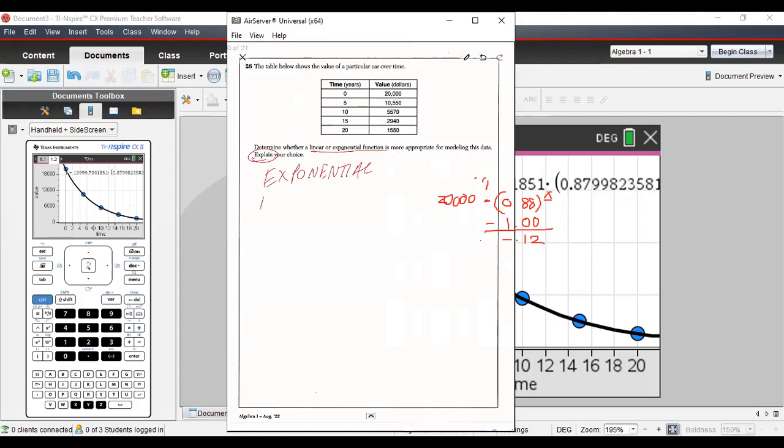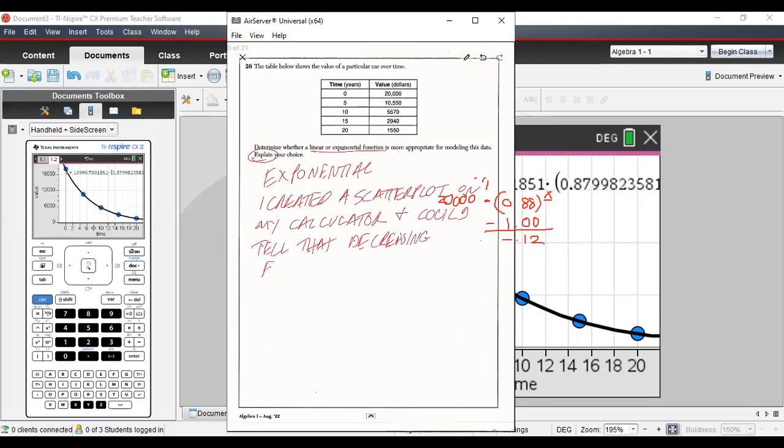And we'll say, I created a scatter plot on my calculator and could tell that it was decreasing exponentially.